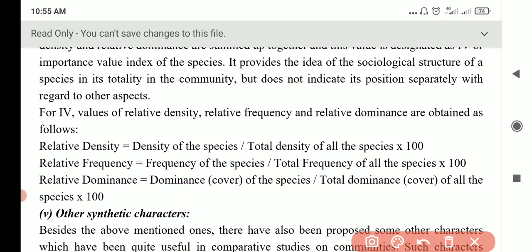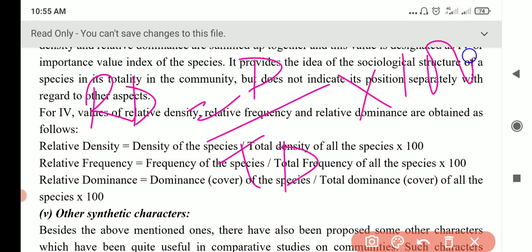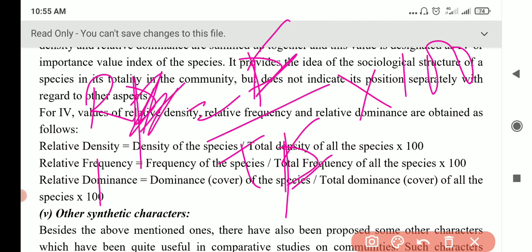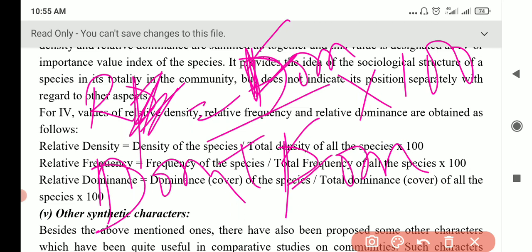Simply, relative density will be density by total density into 100. Then relative frequency will be frequency over total frequency into 100. Then relative dominance will be dominance over total dominance into 100.